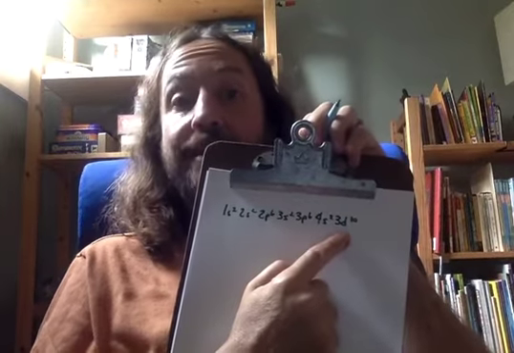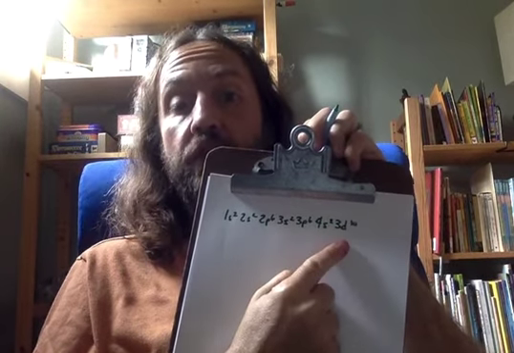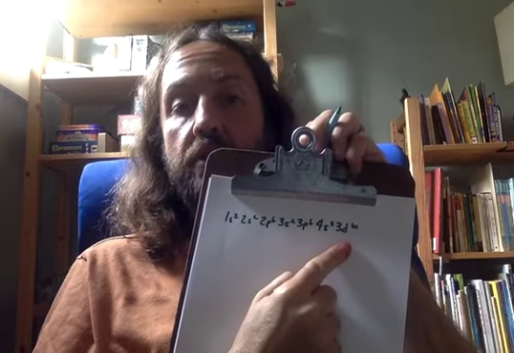1s2, 2s2, 2p6, 3s2, 3p6, 4s2, 3d10. Okay, so zinc has a full d orbital.